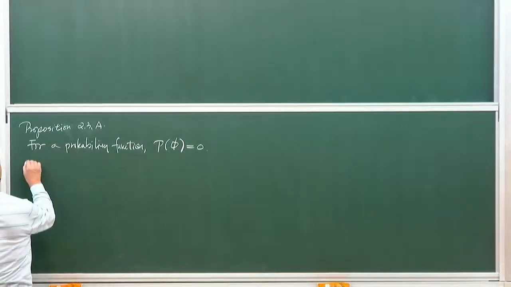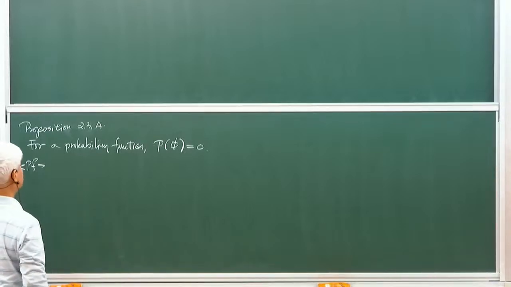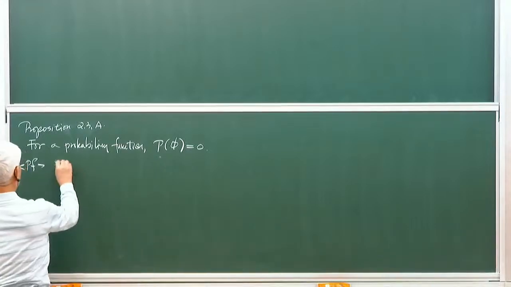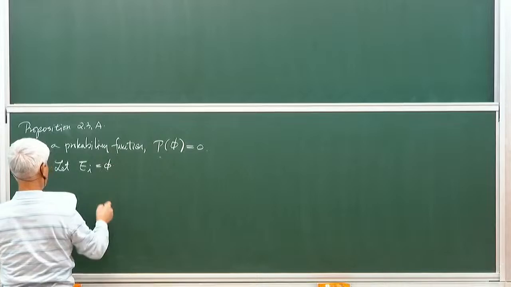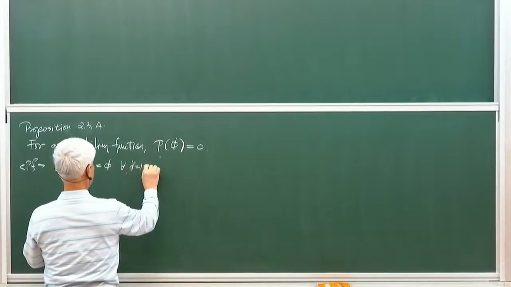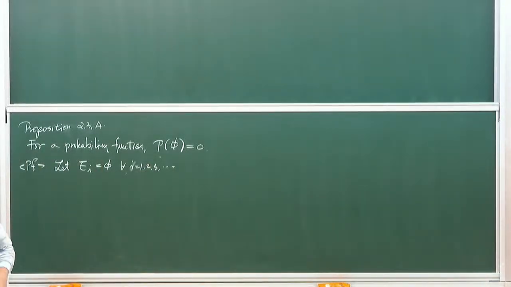Now we see how we prove this fact from the three axioms. In this case, we let E sub i be the empty set for i equal to 1, 2, 3, and so on. So we consider a sequence of null events; every event is just the null event.